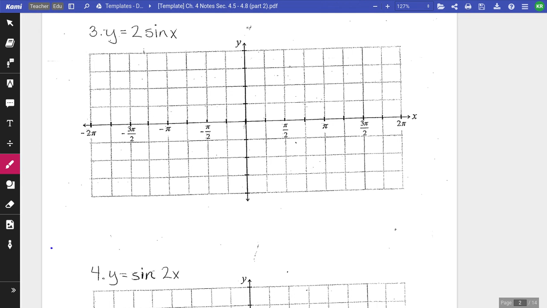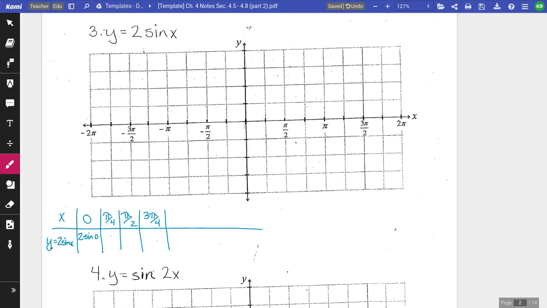Let's just do a couple of points again and try to show you what happens. So x is going to be my angle measure. Again, I'm counting by increments of pi over 4. Okay, so y equals 2 sine x. So 2 times the sine of 0.